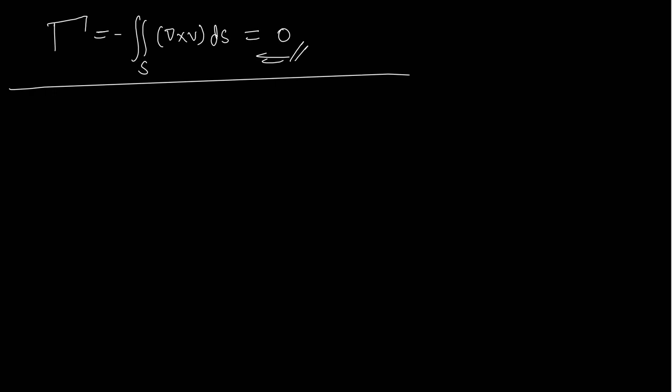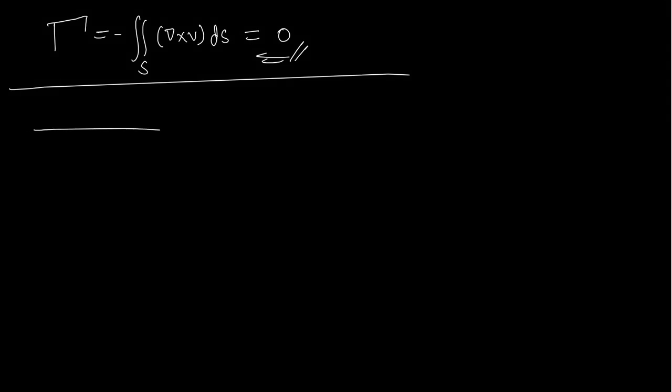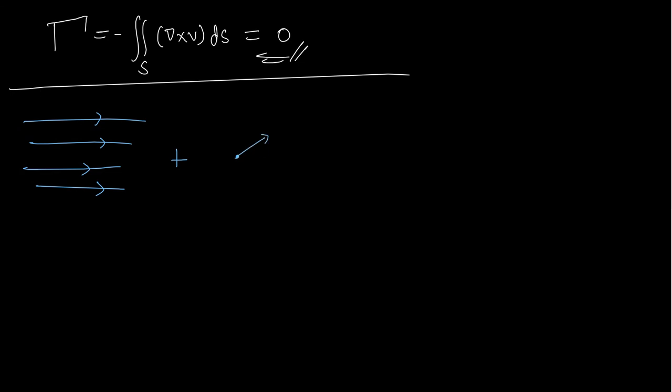We can now start trying some mix matching. Let's try combining a uniform flow, in a different color, which looks like this. I try to combine this with a source flow, which generates streamlines like this.